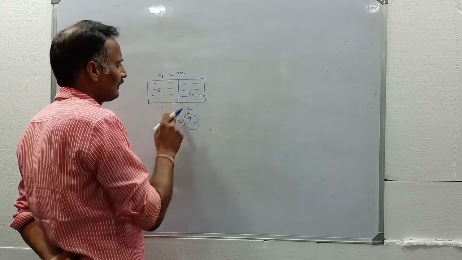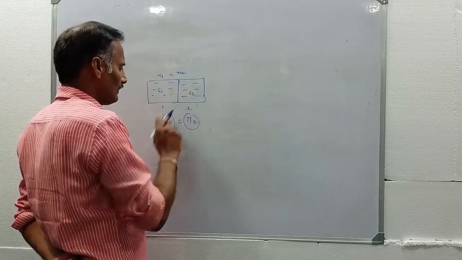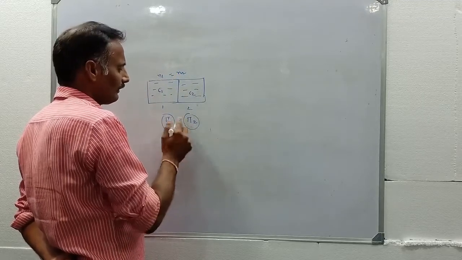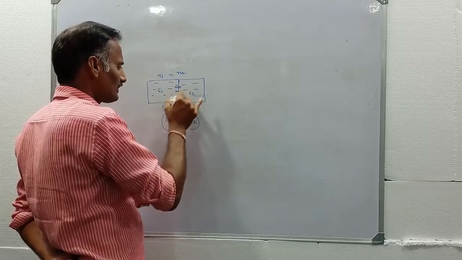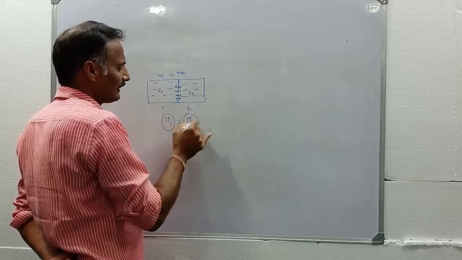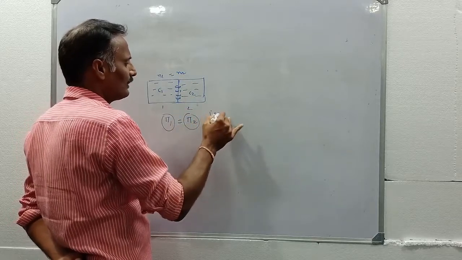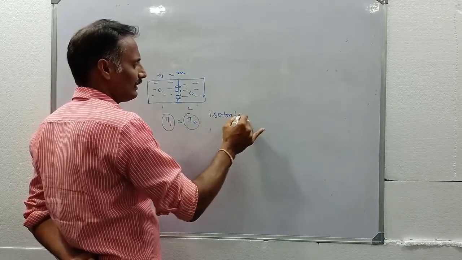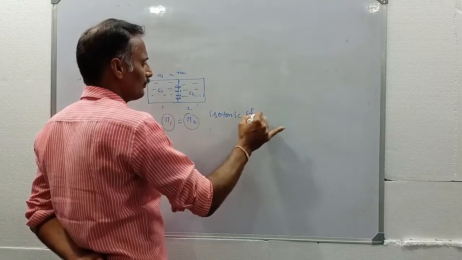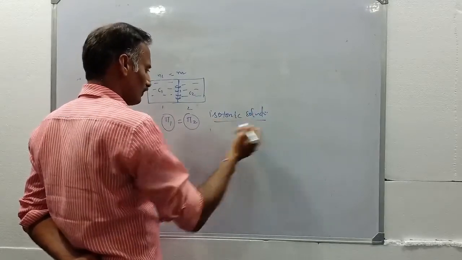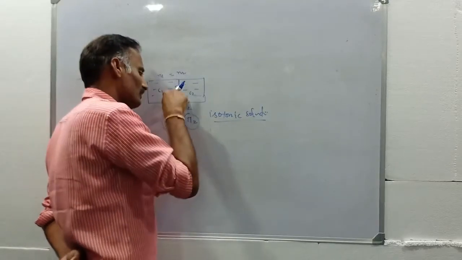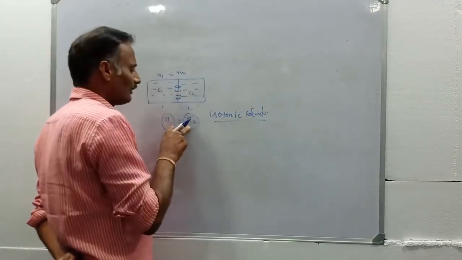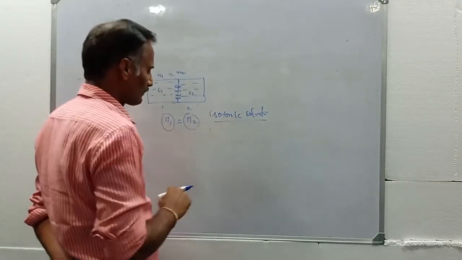If two solutions have the same concentration and the same osmotic pressure, those solutions are called isotonic solutions.